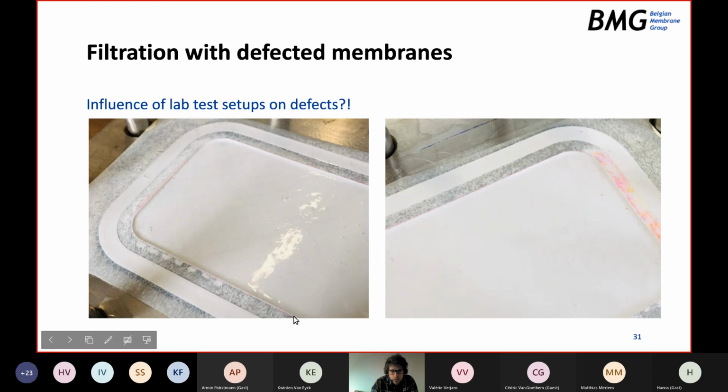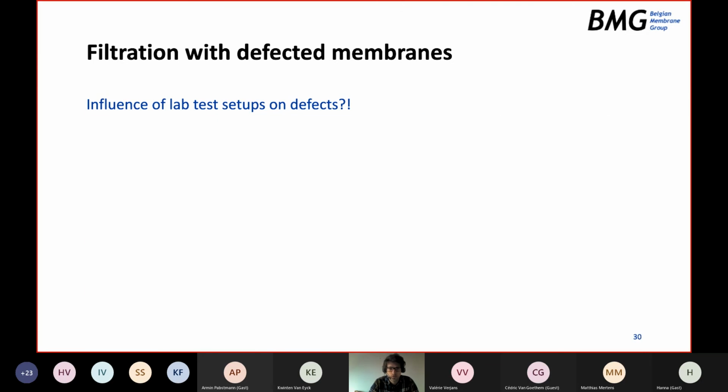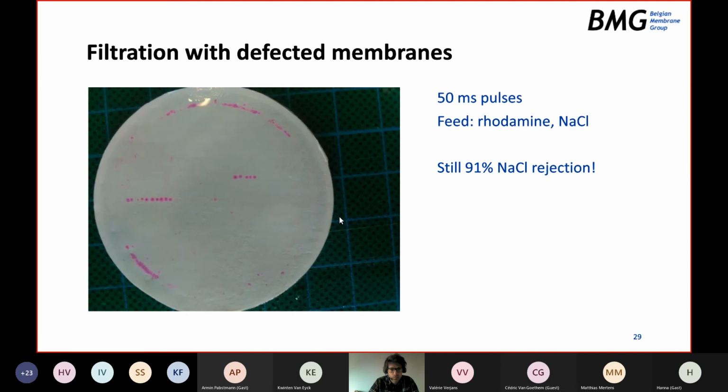As you can see here in both pictures, you have this purple ring around the feed flow channel. So this is where the two halves of the flow cell are closed, and they compress the membrane, and they cut into the active layer. It is also obvious here in this picture.